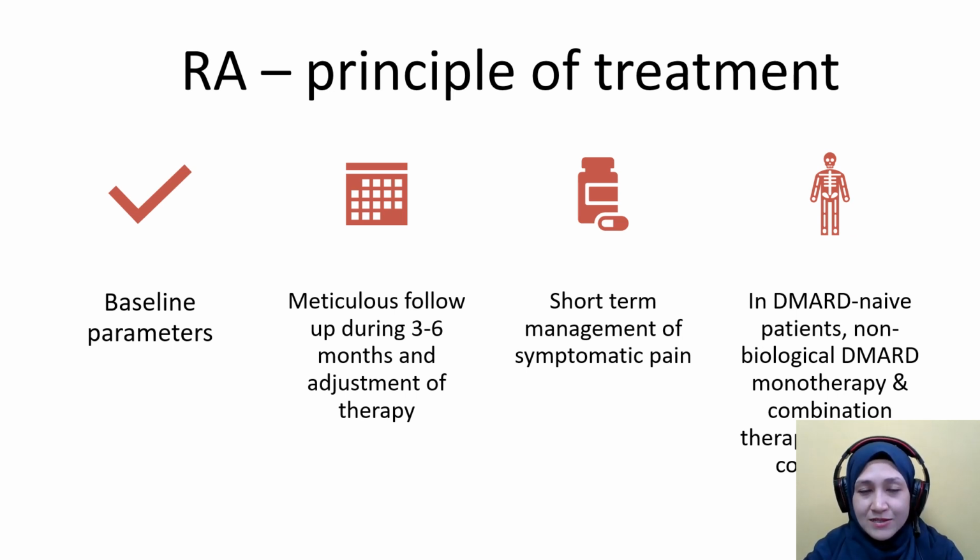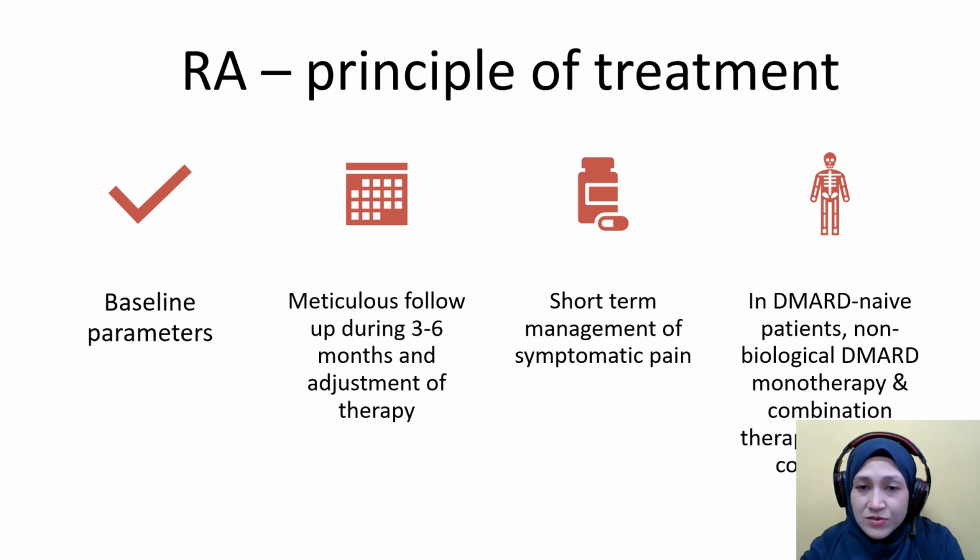So the patients need to be counseled on what to expect, and then the compliance to the medication as well, and they have to undergo the follow-up within a few months to see the results of the treatment.